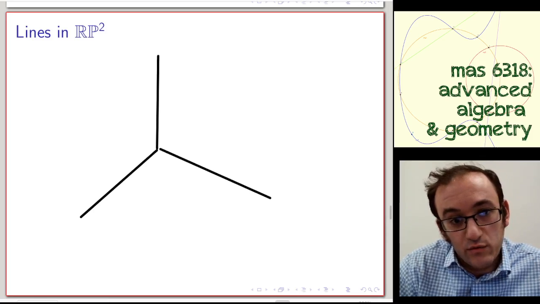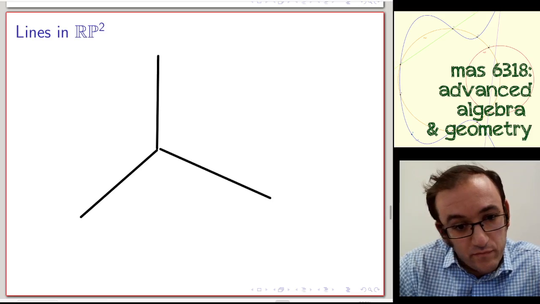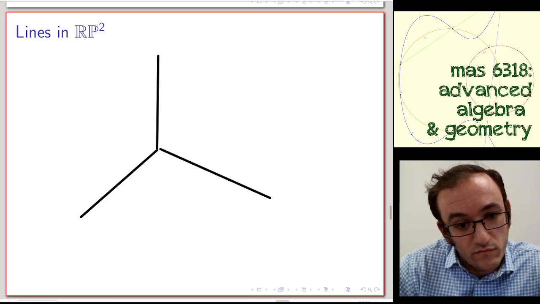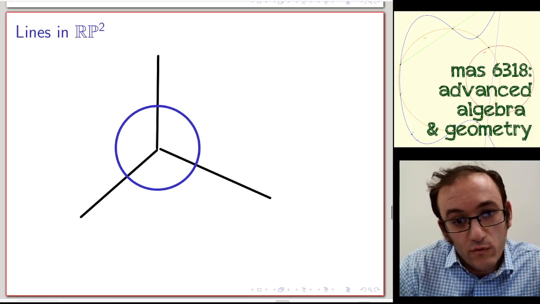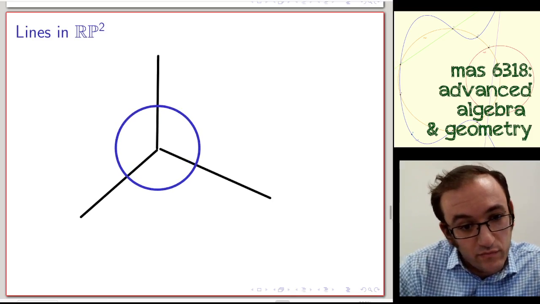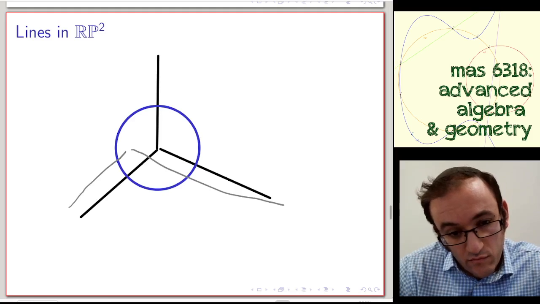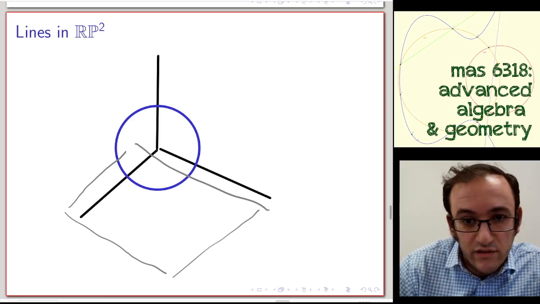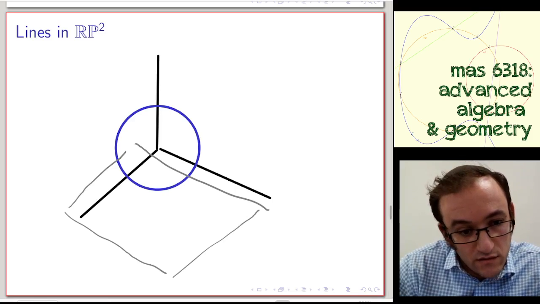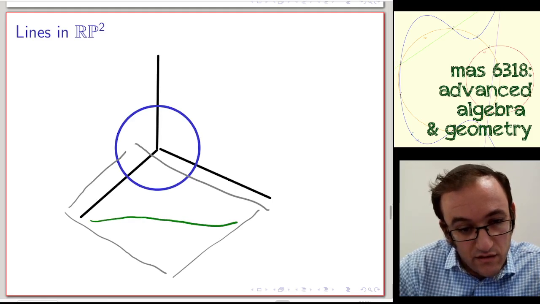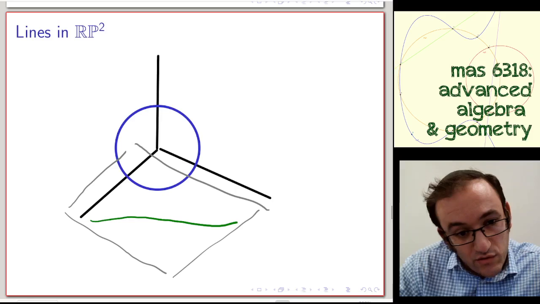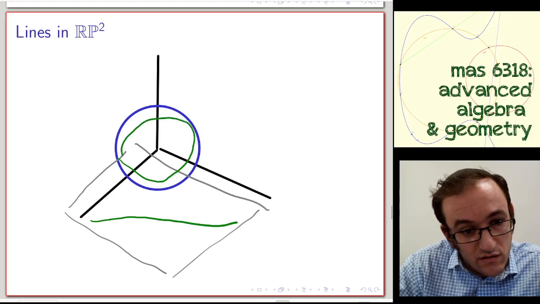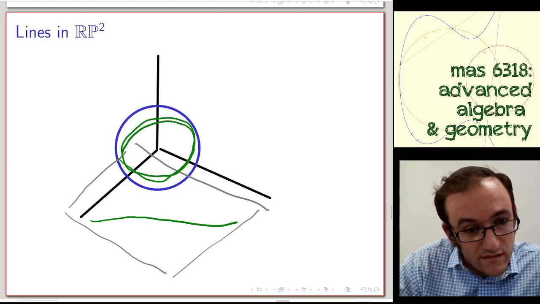So again, we'll draw the sphere, and we've got our plane. If we have a line going through this plane, that's going to translate into a circle in this sphere.